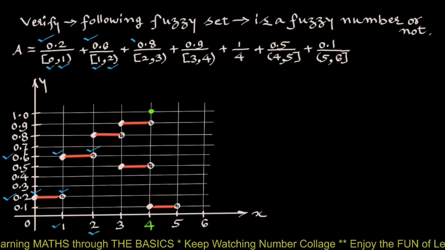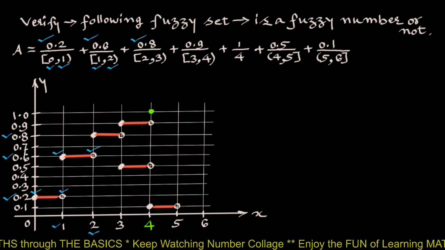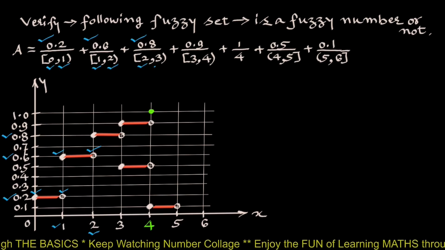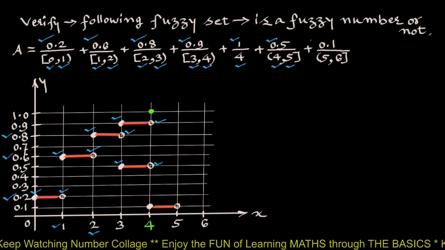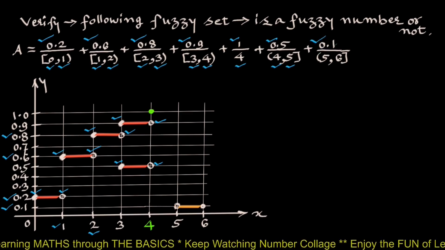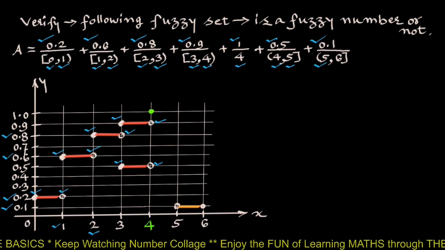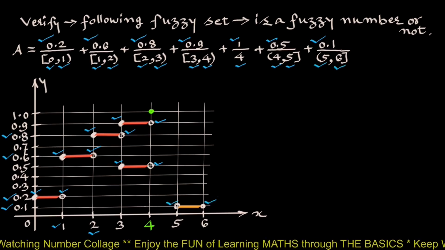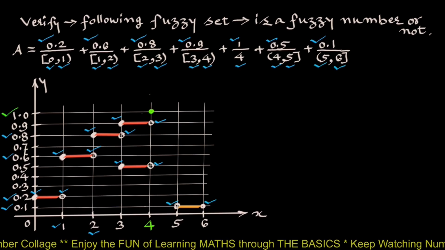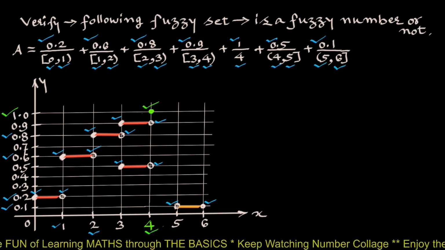Grade of membership 0.8 has domain closed 2 open 3, etc., and grade of membership 0.1 has domain open 5 and closed 6, and grade of membership 1 is for x equals 4.